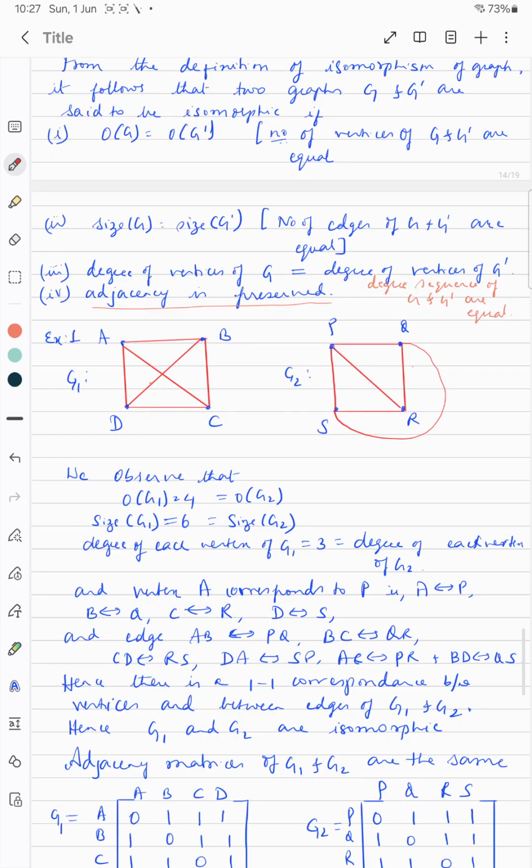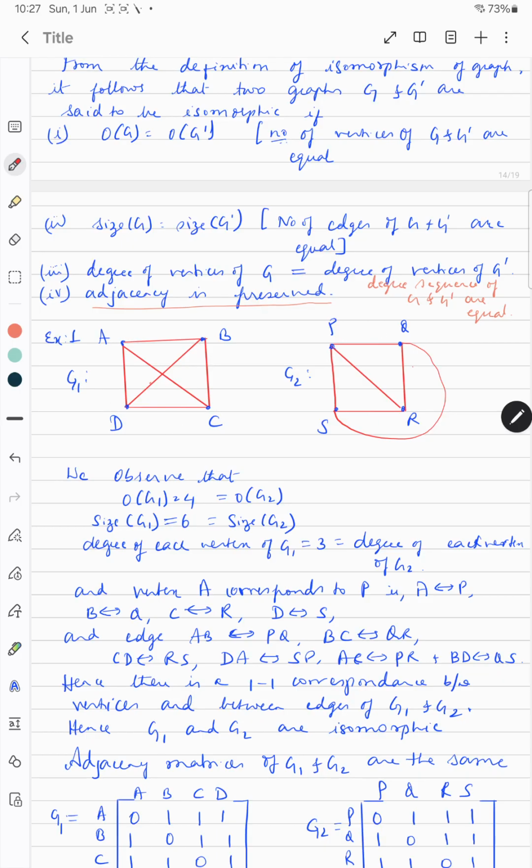So let us consider this example. Consider the graphs G1 and G2 as shown in the figure. Very simply, if I draw the edge BD as a curve instead of a diagonal, as shown in G2, this graph G1 is the same as graph G2.